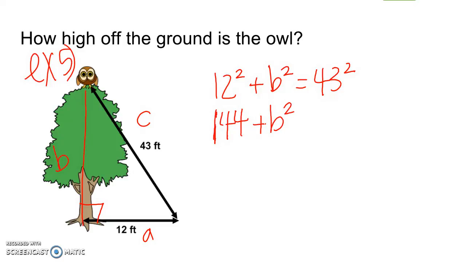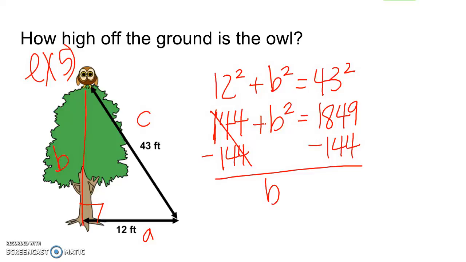I don't know what B is, so I just leave B squared. And then 43 times 43 is 1,849. I subtract 144, subtract 144, cancel. B squared equals, when we subtract, we get 1,705.